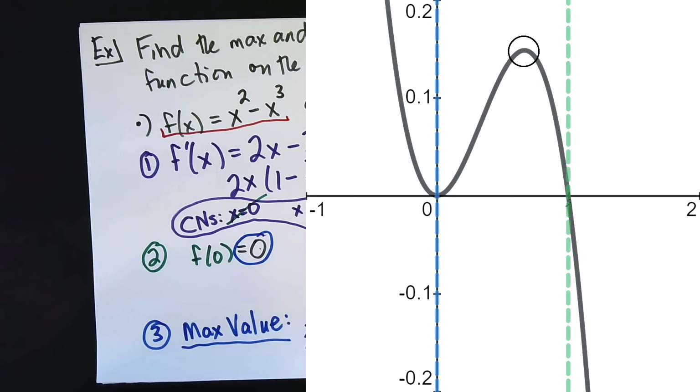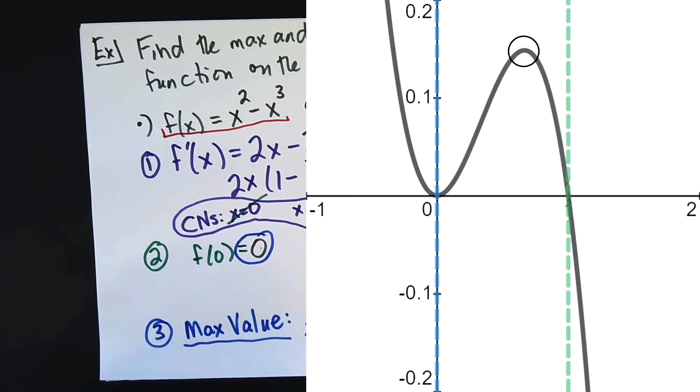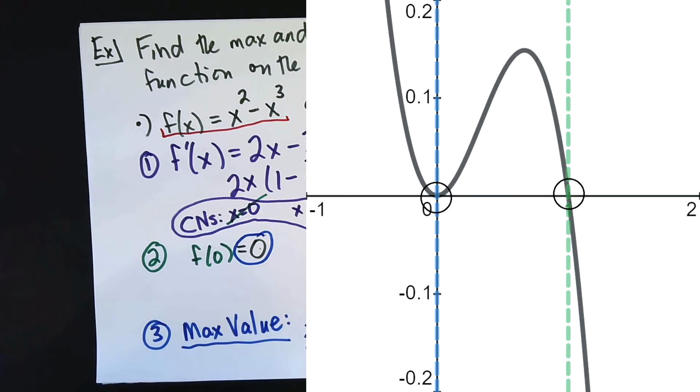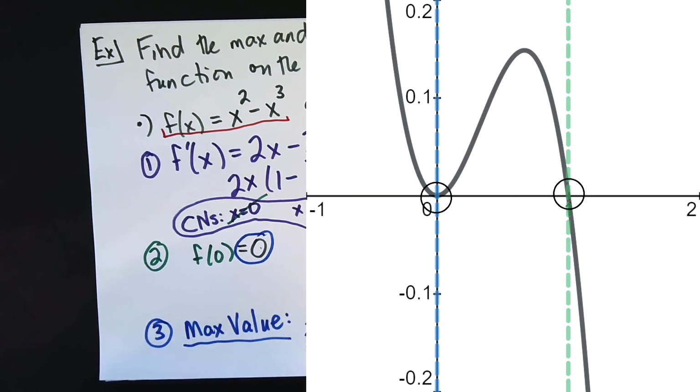Additionally, as we saw in our calculation, the minimum value on this interval is 0, and that minimum value happens at both the left endpoint and the right endpoint. That is, at x equals 0 and x equals 1. When we did the question, we saw that there were two critical numbers, both of which you should again be able to see in the graph.